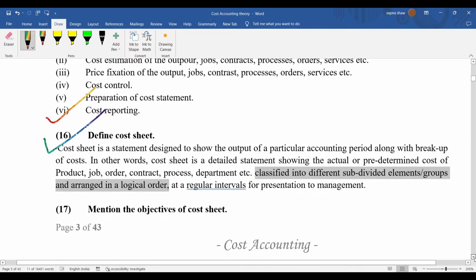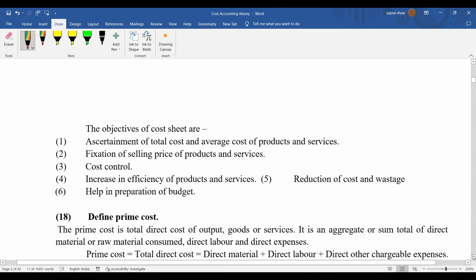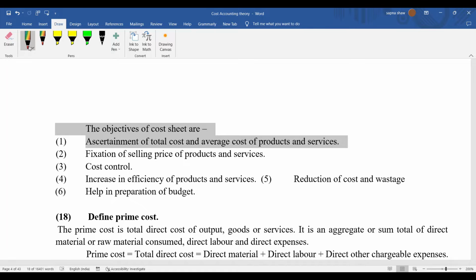Now, why do we prepare the cost sheet? The objectives we discussed related to cost accounting are the same objectives of the cost sheet, because these two are not different. The first reason is we want to ascertain the total cost.